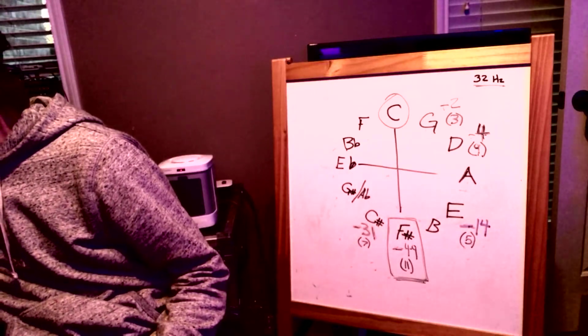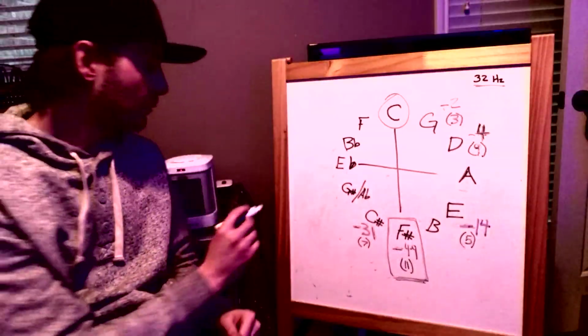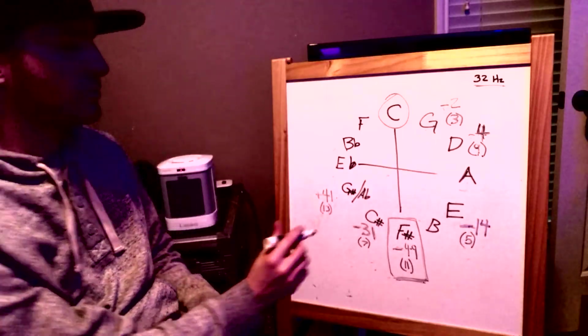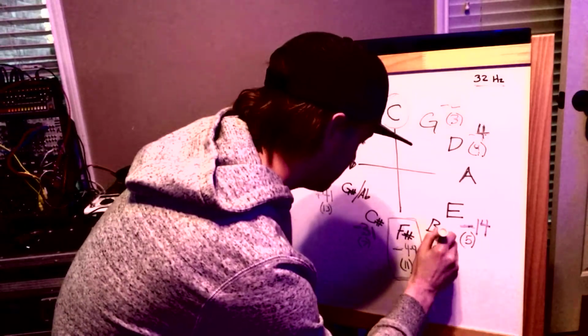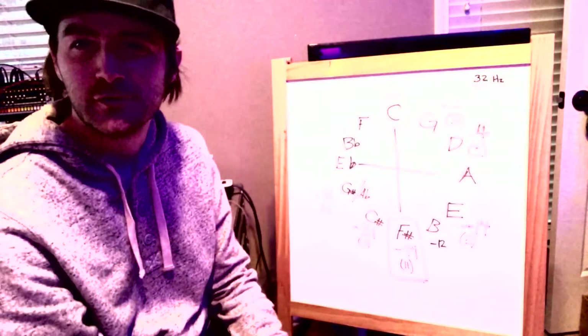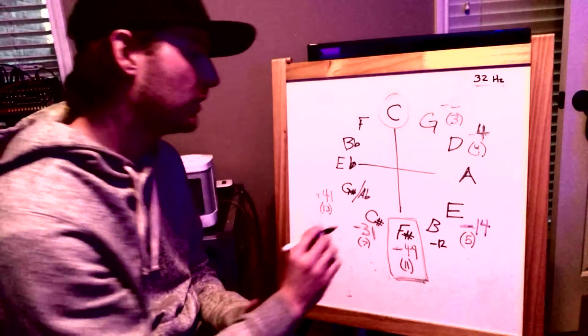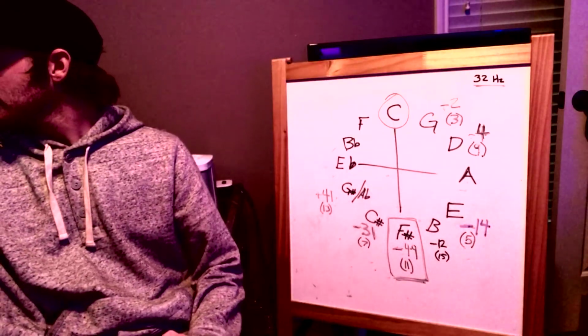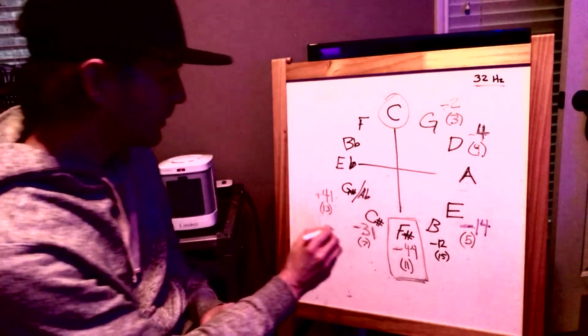13th harmonic, A flat, 41 cents sharp. 15th, B natural, that is 12 cents flat. So our 15th harmonic is 12 cents flat. Our 17th harmonic is C sharp.